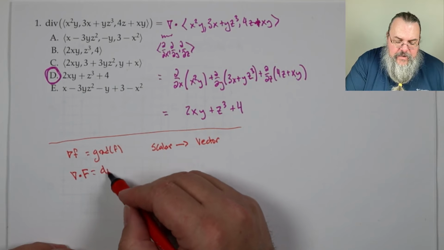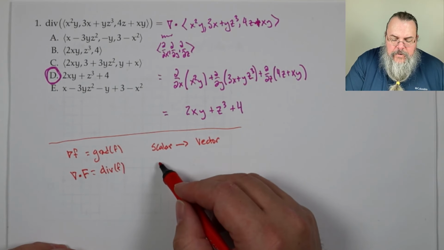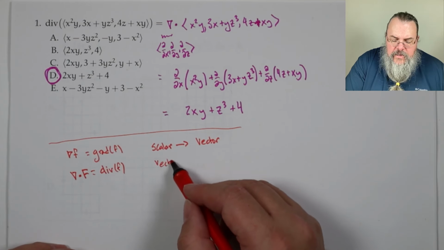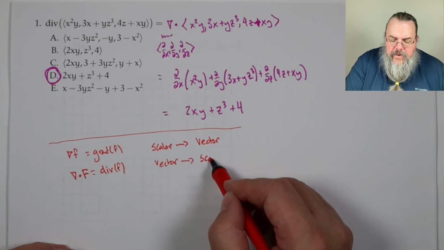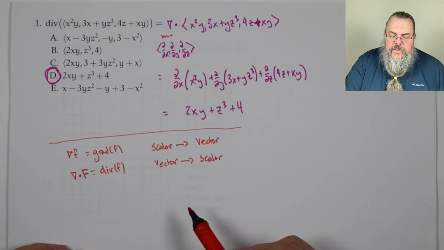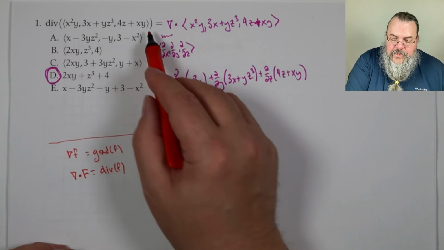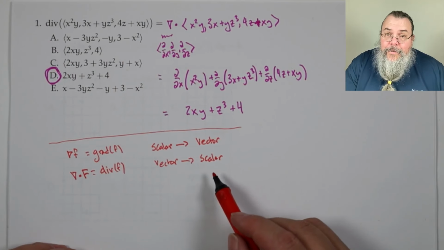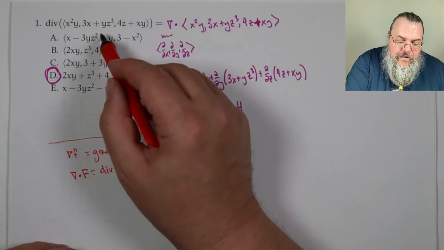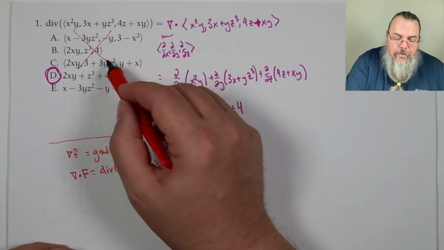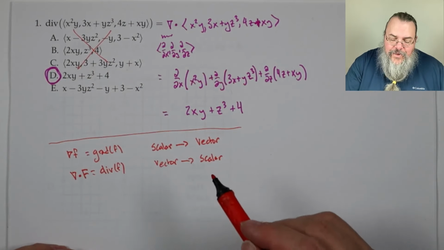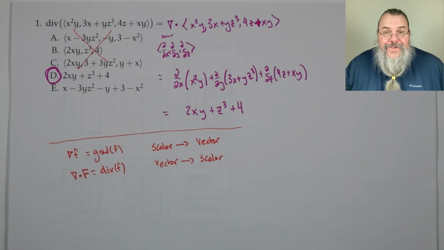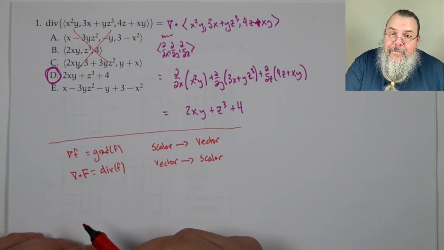This is the one we just did, the divergence of F. And that sends a vector valued function to a scalar valued function. So in other words, you start with a vector valued function and you have to get something which is not a vector valued function. It's a normal function, which means A, B, and C would automatically be out because they're the wrong type of function. So even if nothing else, you can knock out some options.